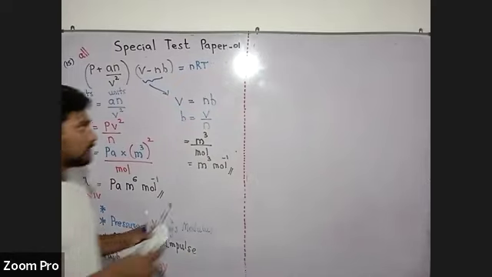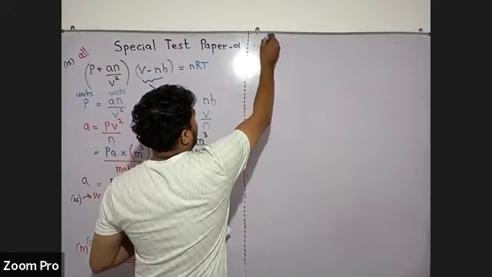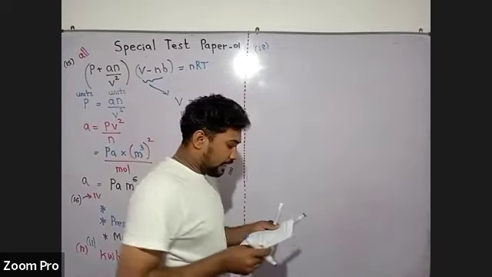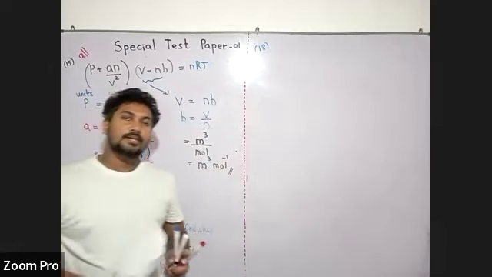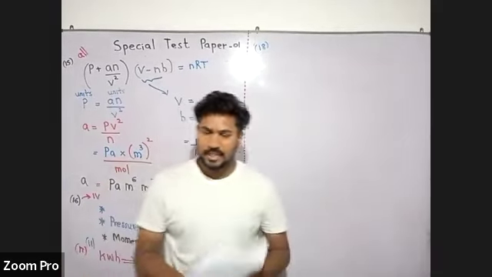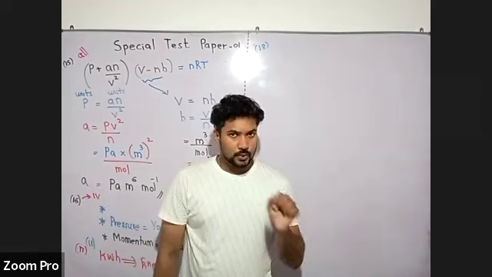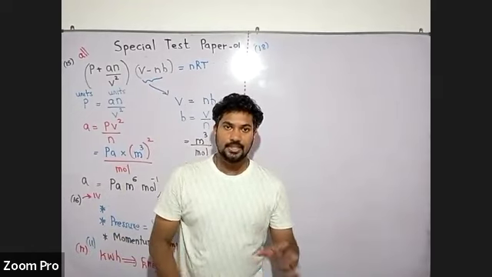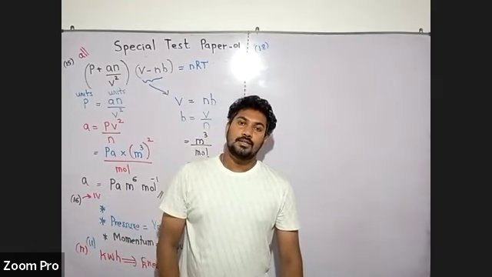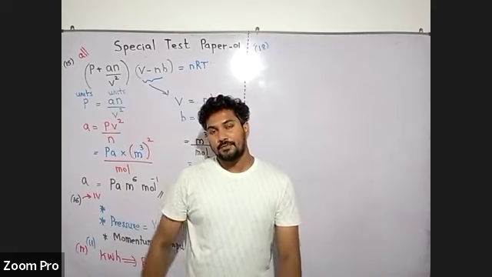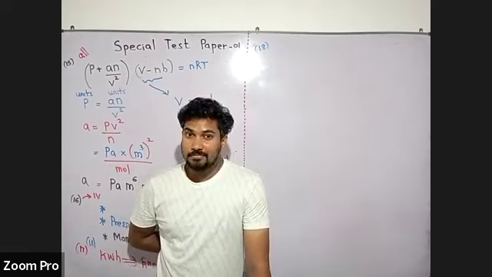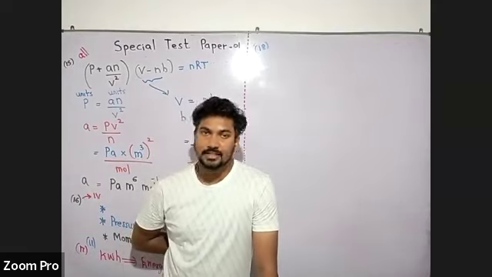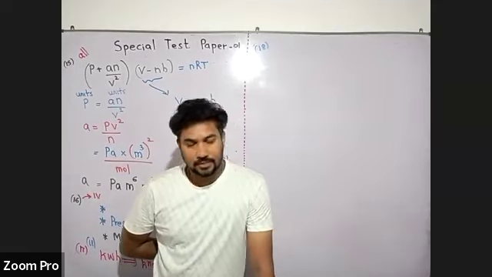In the 18th question, light year is equivalent to what? I told you in this paper that a light year is a unit which is used to measure distance. If I further classify it, it is a unit used to measure long distances, like the distance between two planets.